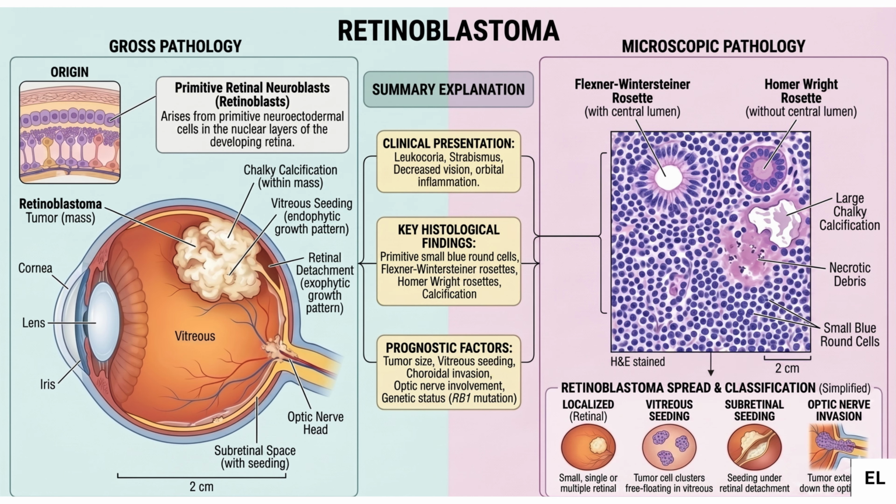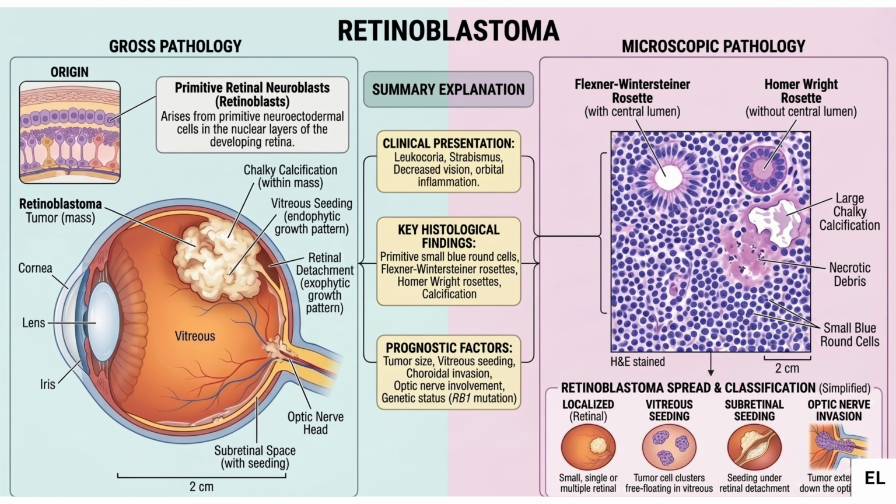Subretinal seeding occurs beneath the detached retina and indicates more advanced local spread. The most concerning form of extension is optic nerve invasion. When tumor cells enter the optic nerve, the risk of intracranial spread and distant metastasis increases significantly. For this reason, optic nerve involvement is considered one of the most important prognostic factors in retinoblastoma.